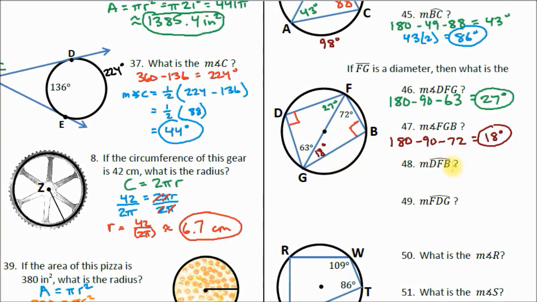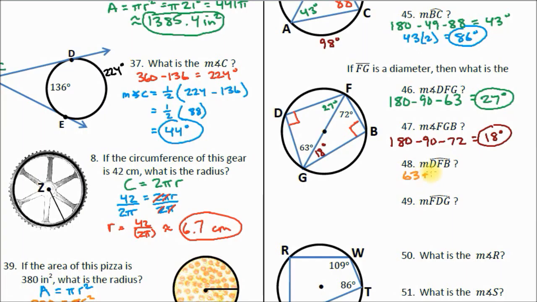This is important because the next question is, what is the measure of arc DFB? If you cover that arc, or cover everything but that arc with 3x5 cards, you'll find that this is an inscribed angle that cuts out that arc. We have to add those two together.